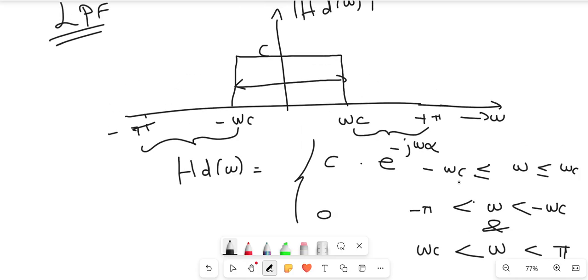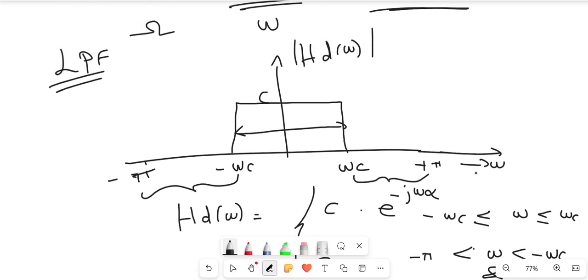Everyone should know the ideal frequency response for all the filters. So this is an example for the low pass filter.